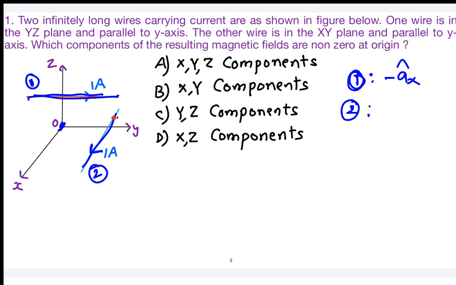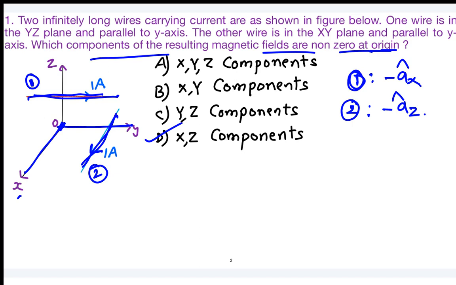When you make your thumb in the direction of X, the other fingers also point inside. Since that is the XY plane, positive Z will be outside and negative Z will be inside. Since your fingers are pointing into the plane of the paper, the result is negative Z. So the components of the magnetic field which are non-zero at the origin are the X component and the Z component. This is the answer.